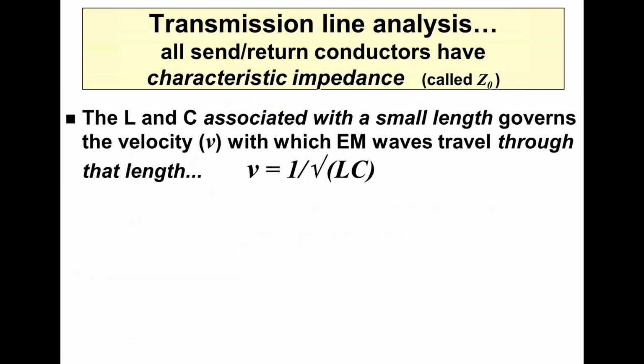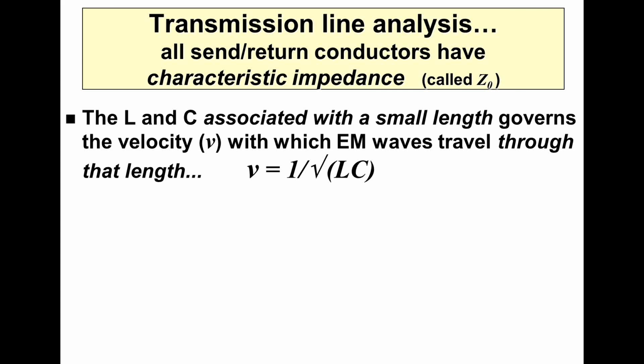Now we're on to transmission line analysis, which is for conductors which are longer than a sixth of a wavelength in one axis only. For these, we say a send-return conductor pair, we always have to take a pair, it doesn't work otherwise, has a characteristic impedance called Z0.